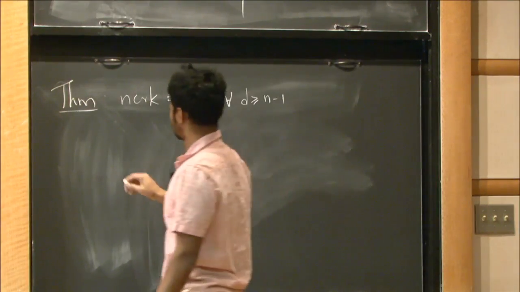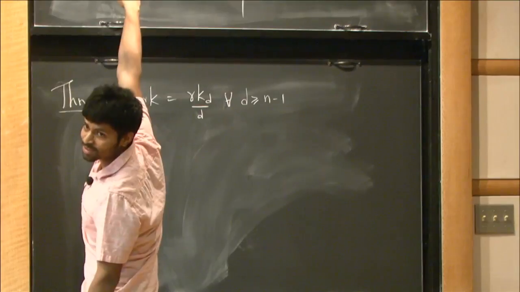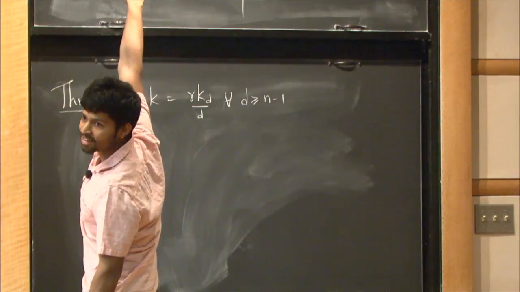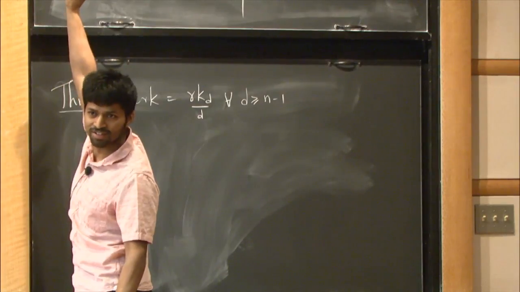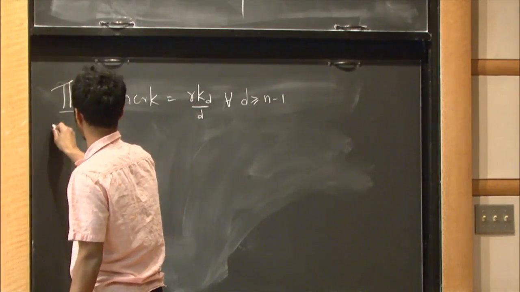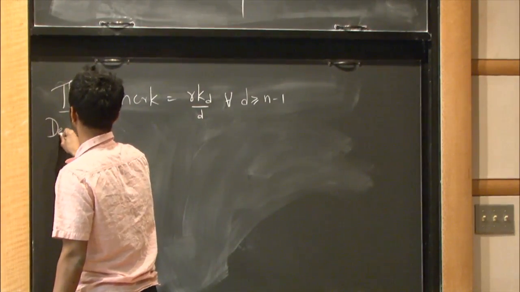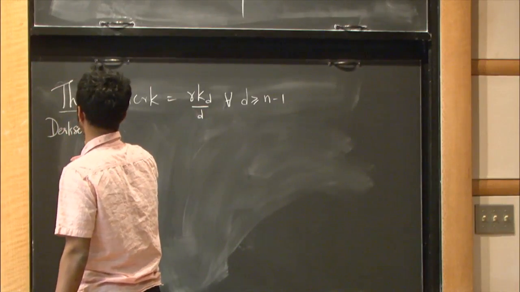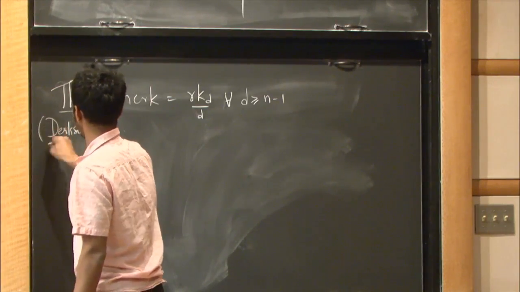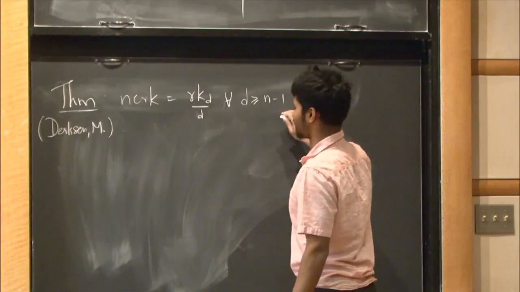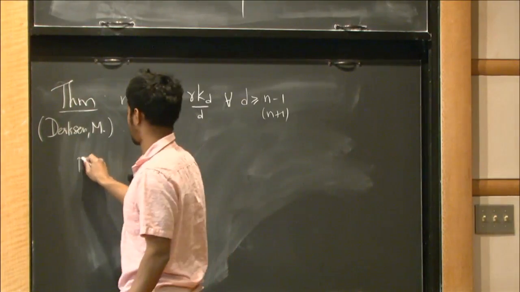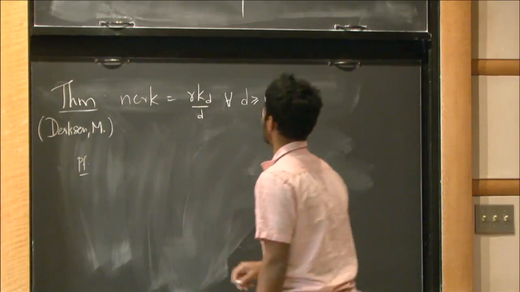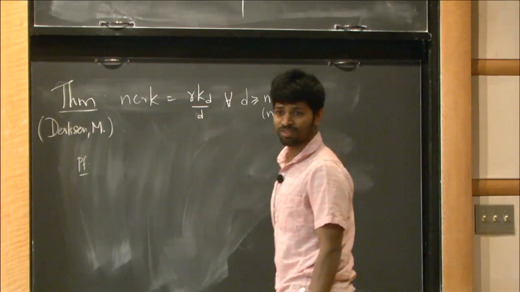You've got to compare it with that. So it stops increasing. Once it gets to n, it doesn't increase, it's just constant. This is a theorem of Dirksen and myself, and has a very small proof, but maybe the proof that I give you is for n plus 1. I'll give it to you in this one example.